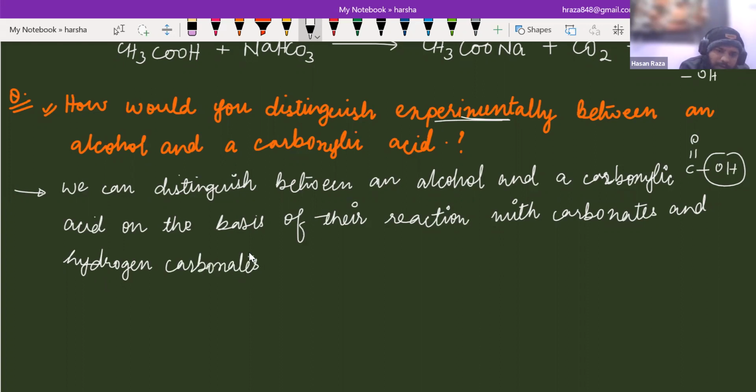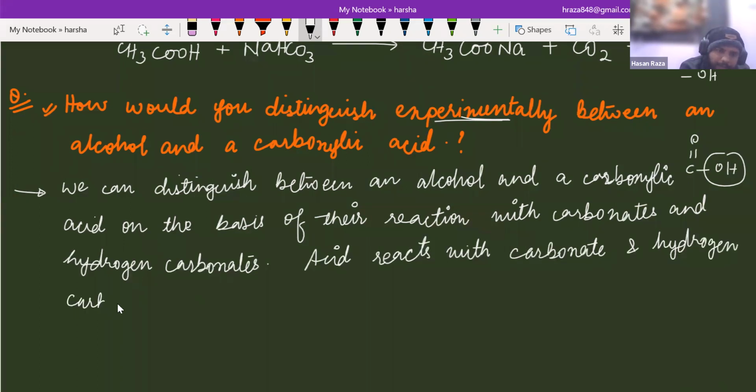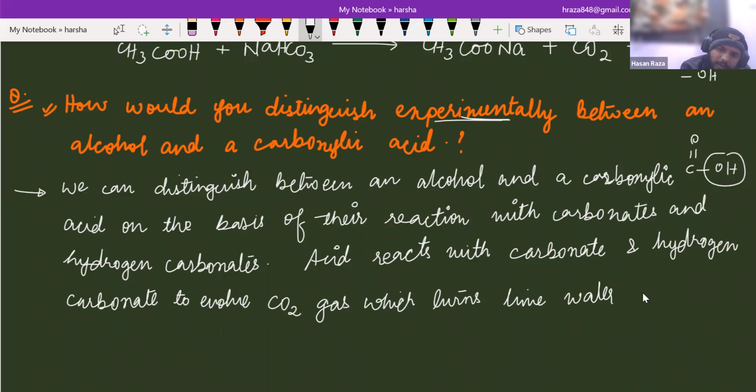Write it with acid. That means ethanoic acid reacts with carbonate and hydrogen carbonate to evolve CO2 gas, which turns lime water milky.